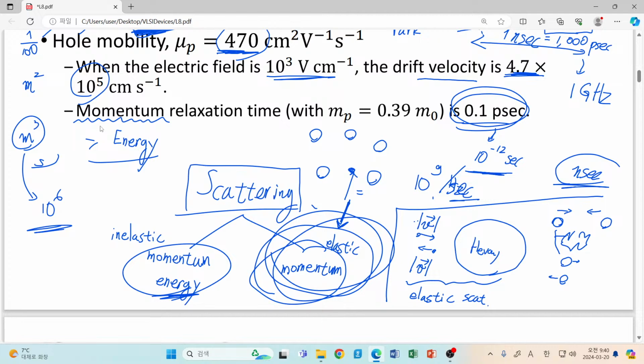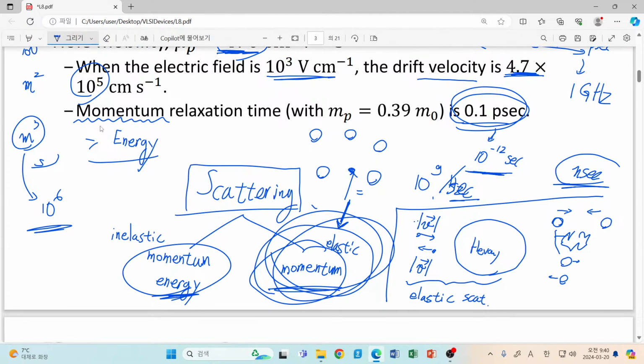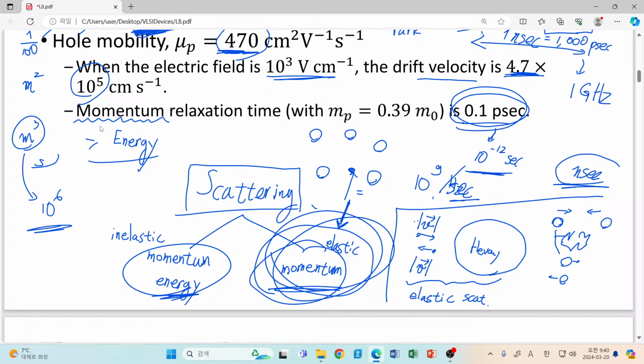However, it never loses its energy. Although its momentum is always changing, it is still quite fast. That is the typical case seen in an elastic scattering dominant system. However, if your system becomes dominated by inelastic scattering, then maybe the momentum relaxation time and energy relaxation time will be at a similar rate.